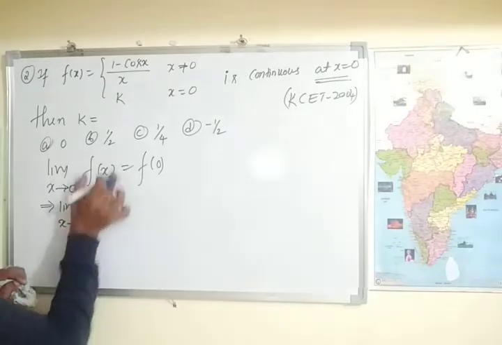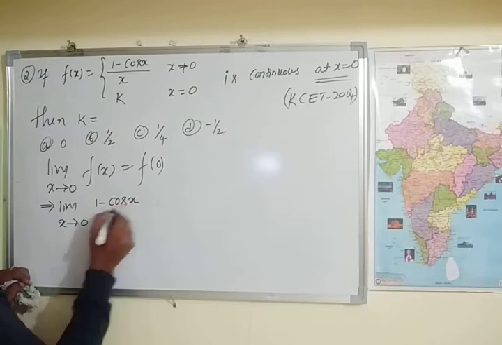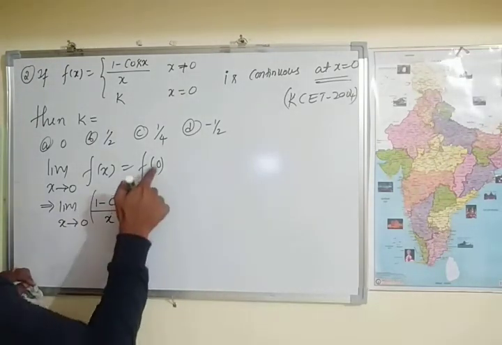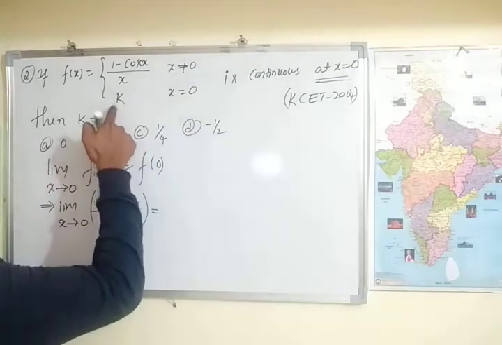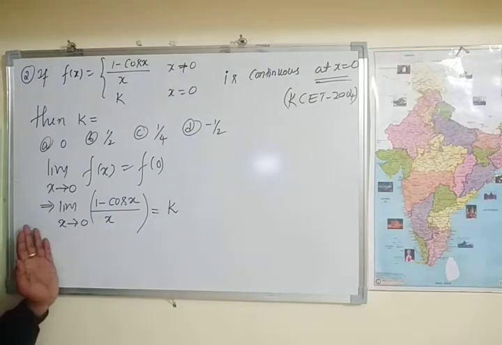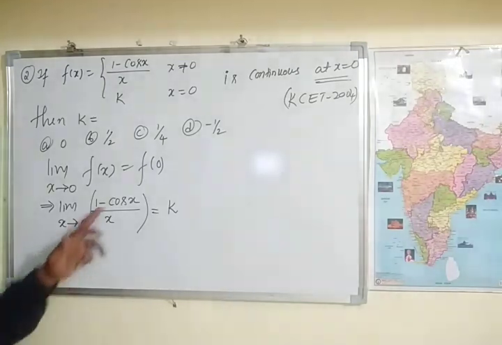This implies limit x tends to 0, of the function 1 minus cos x divided by x, is equals to f of 0, which is k. Since x approaches to 0, here we substitute 0 in the place of x.